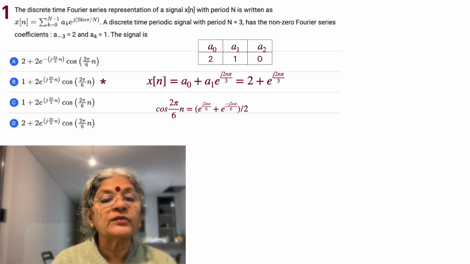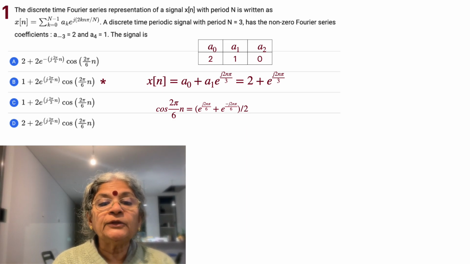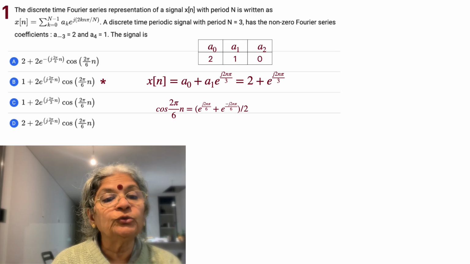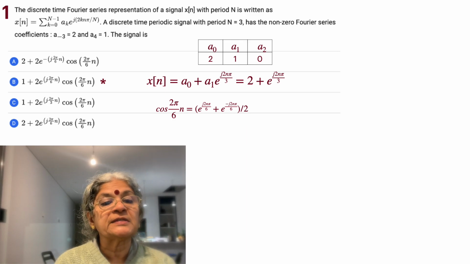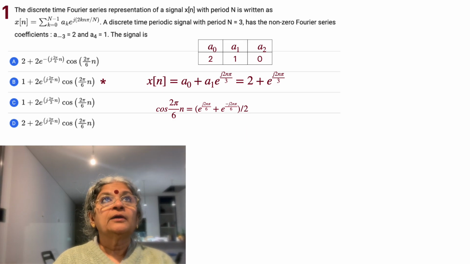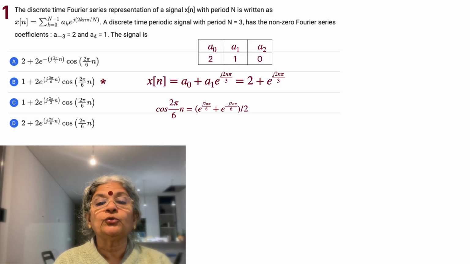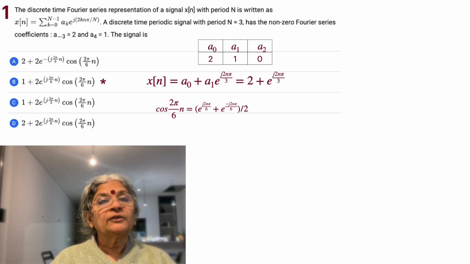Now what is left is e raised to j 2 pi n by 6, divided by 2, multiplying again e raised to j 2 pi n by 6, which is equal to e raised to j 2 pi n by 3. So very easily, through a 3-step version, this problem can be solved.